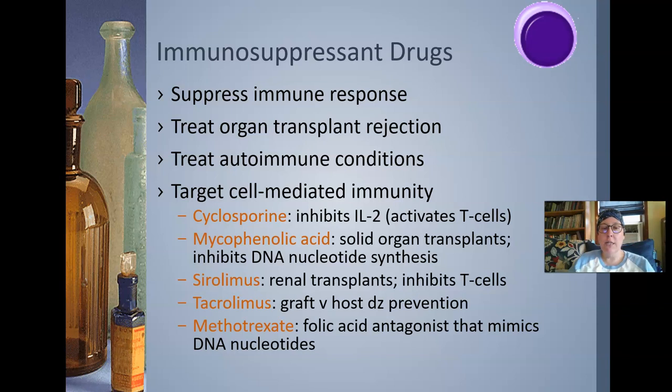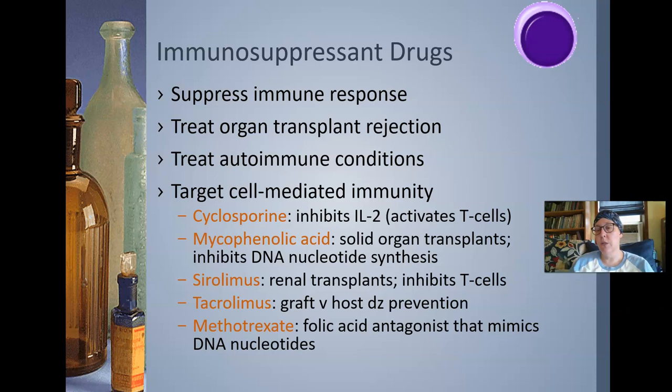So cyclosporine inhibits interleukin-2. Interleukin-2 normally activates your T cells, so it prevents activation of your T cells. Mycophenolic acid is used in solid organ transplants, so let's think of a kidney transplant, for example, and inhibits DNA nucleotide synthesis. Sirolimus is used in renal transplants and inhibits T cells. Tacrolimus is used in graft versus host disease prevention.